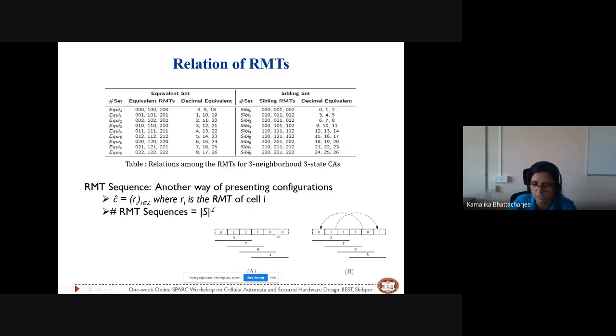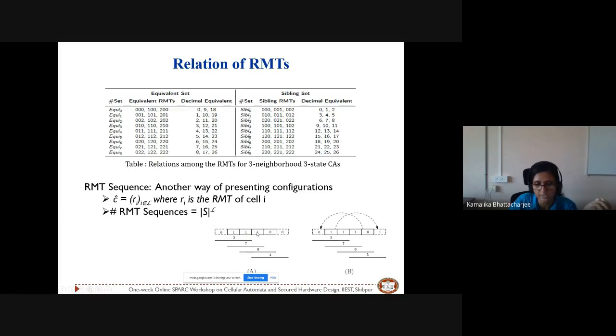Null boundary means we are placing 0 as the leftmost and rightmost boundaries. If we consider a 3-neighborhood structure, then for the first cell, the left neighbor is 0 and the right neighbor is 1. So the RMT is 0, 1, 1, in decimal value it is 3. For the second cell, the RMT is 1, 1, 1, so the decimal value is 7.